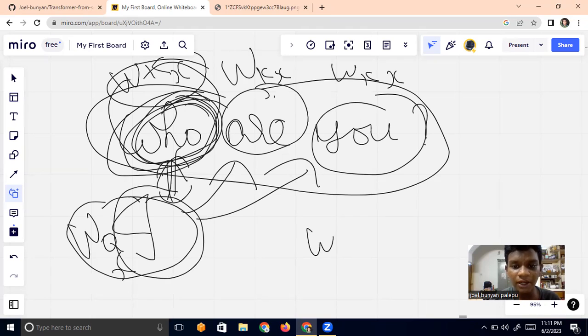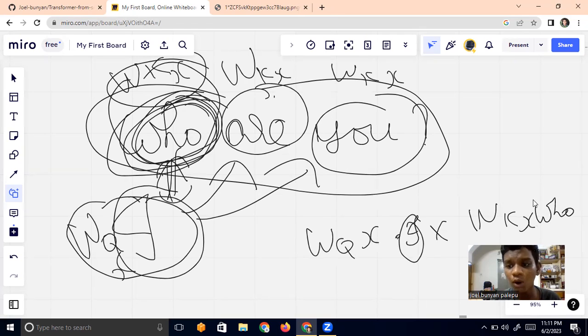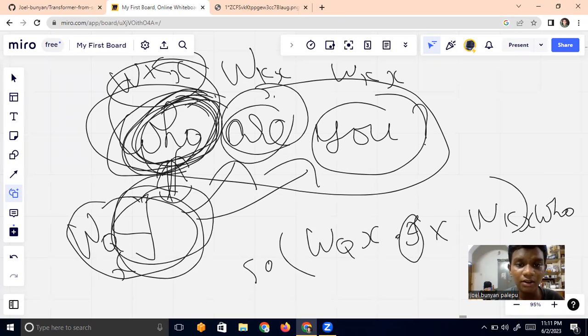So we'll be doing WQX times the word embedding of I, multiplied by WKX of the word embedding of who, and then we'll perform softmax and all that. You have learned that in the last video. That is what we'll do to actually perform the attention, so we'll be performing attention for each of these words with I.